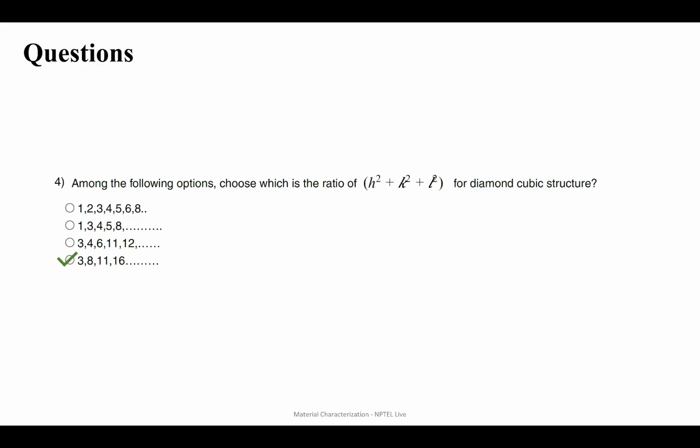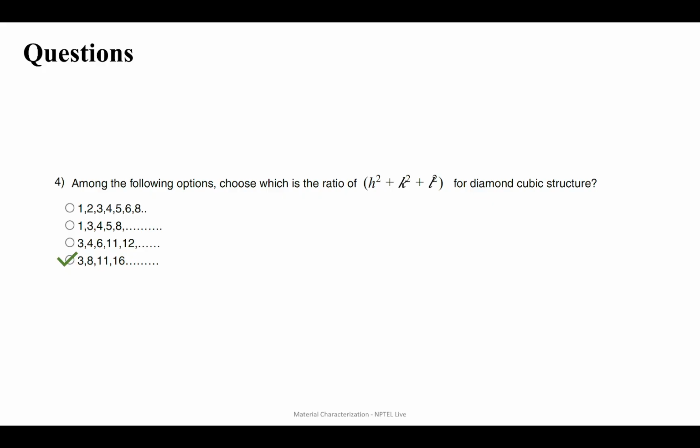The next value will be 220, and 220 is accepted because although all are even, if you take the sum, it is 4. 2 plus 2 plus 0 is 4, so it is accepted. And 2 square plus 2 square plus 0 square is 8, so the next value will be 8.